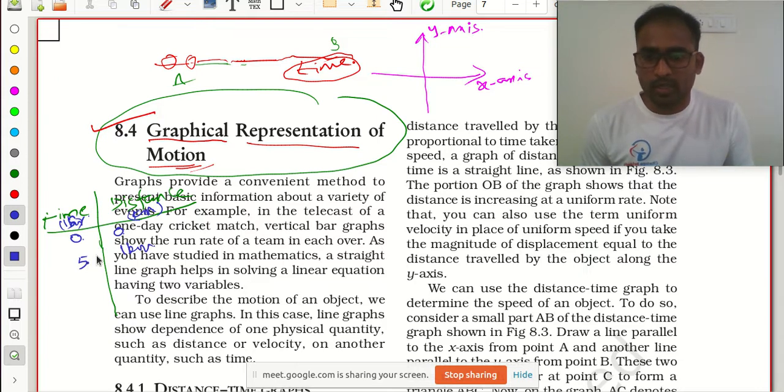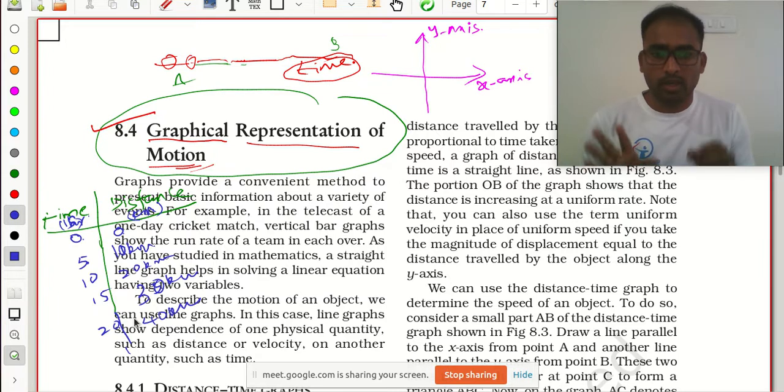In 5 hours you covered 10 kilometers, in 10 hours you covered 20 kilometers, in 15 hours you covered 30 kilometers, and in 20 hours you covered 40 kilometers. Like that it is. Now we have shown it in table form.